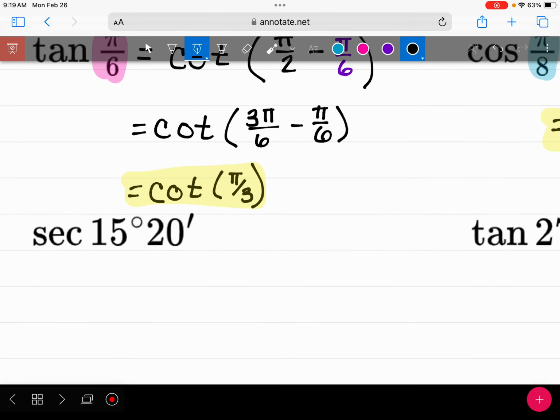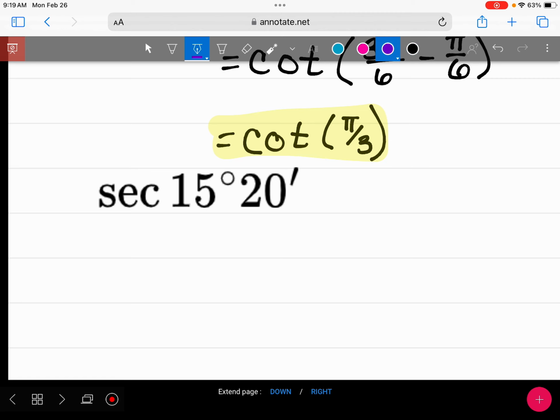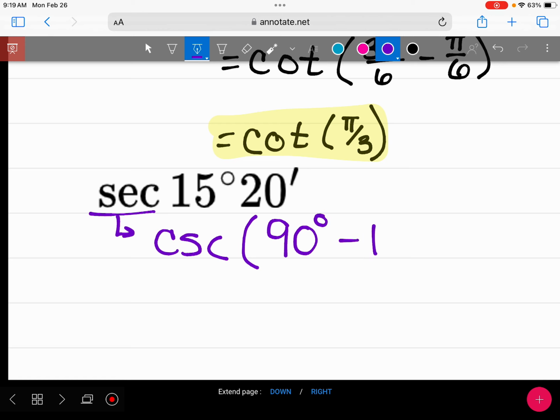So when we're writing it as a cofunction of the complementary, our secant is going to turn into cosecant. And then since this is degrees, we're going to do 90 degrees minus our theta that we have here, 15 degrees, 20 minutes.